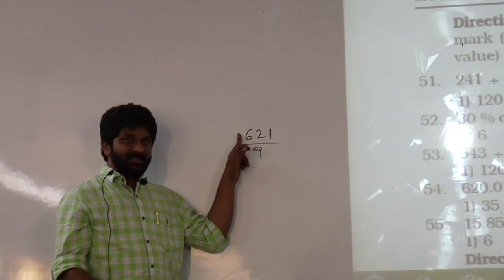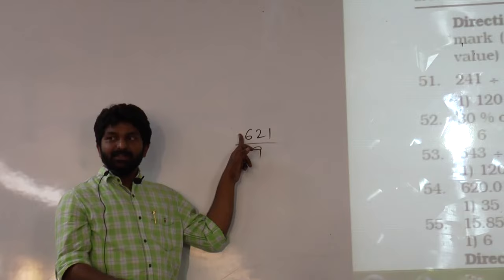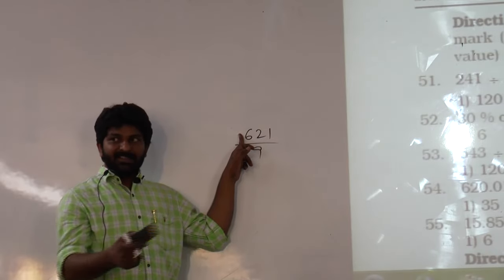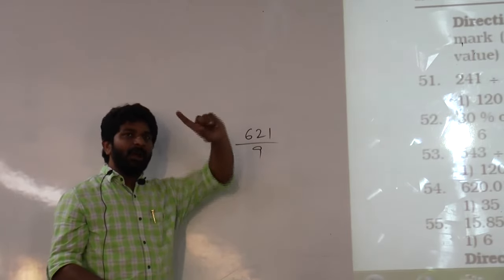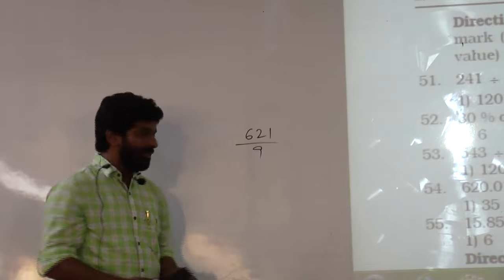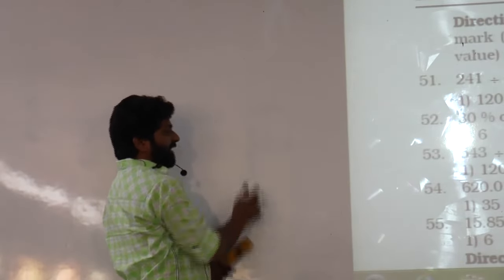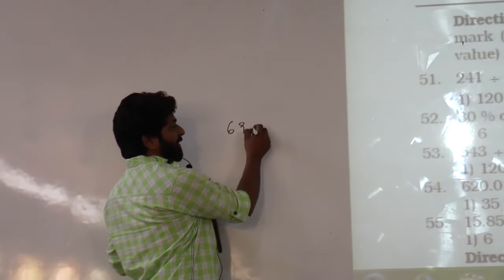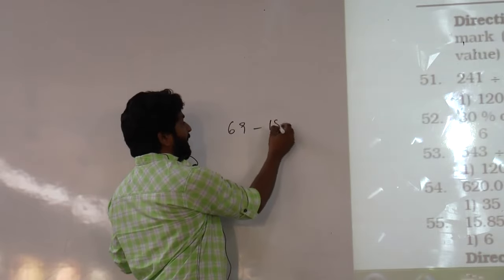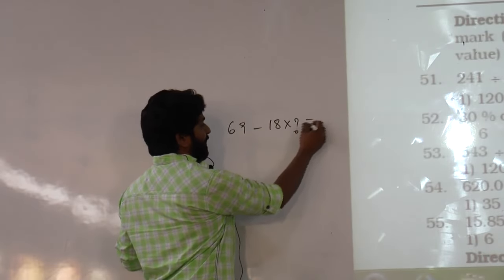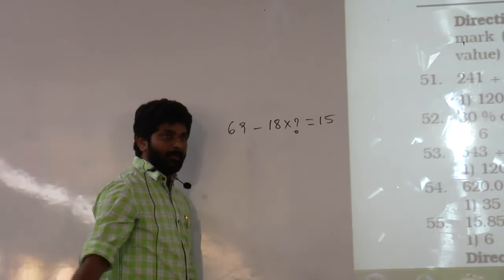So this is near about 630. 9 less than 630, so that should be 1 time less than 70 times. That will be 69. 69 minus 18 into how much is equal to 15.